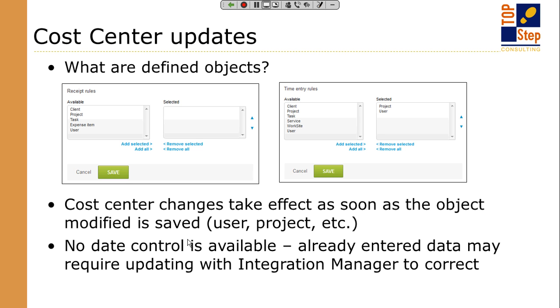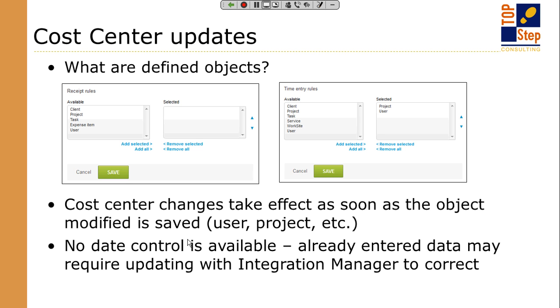So if you look at the right-hand side for time entry rules, the word project and then user is selected. So what will happen is the cost center field will appear on the project record and it will appear on the user record. And the OpenAir system will look at the project definition first. If there is no value on the project field, it will look to find the cost center on the user record.